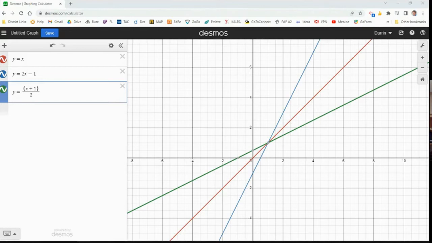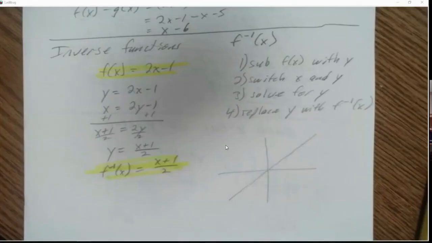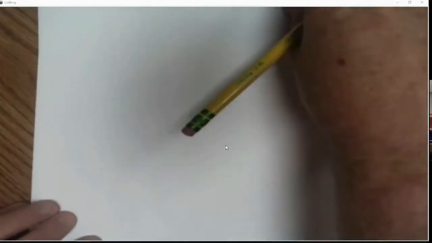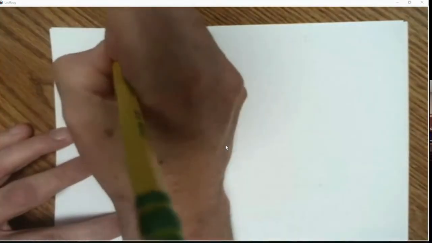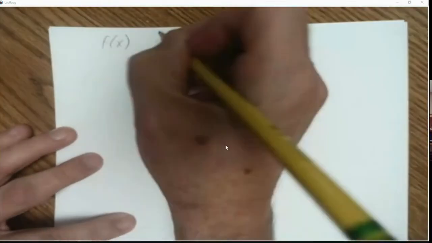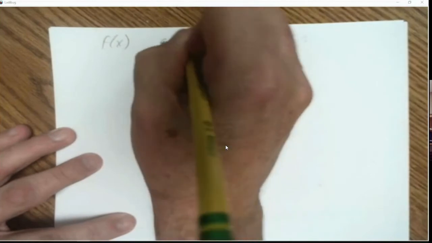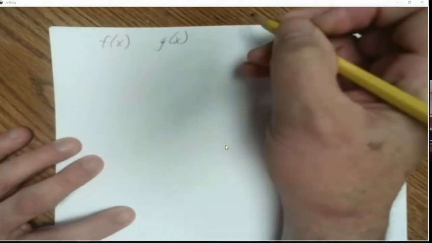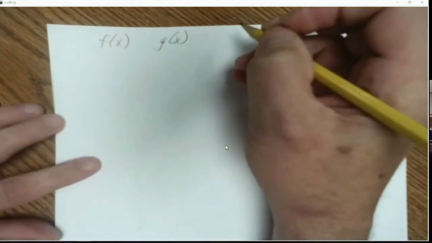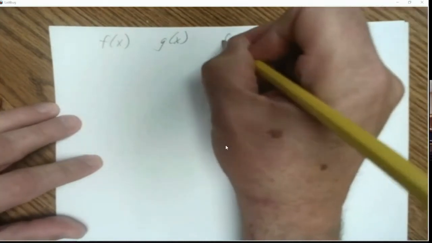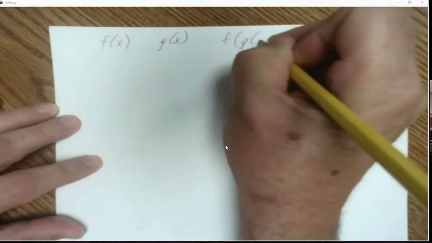All right. Now, the other thing I want to talk about is compositions of functions. Let's get another sheet of paper to talk about compositions of functions. That's where you have an f of x and a g of x, and a composition is where we take f of g of x.